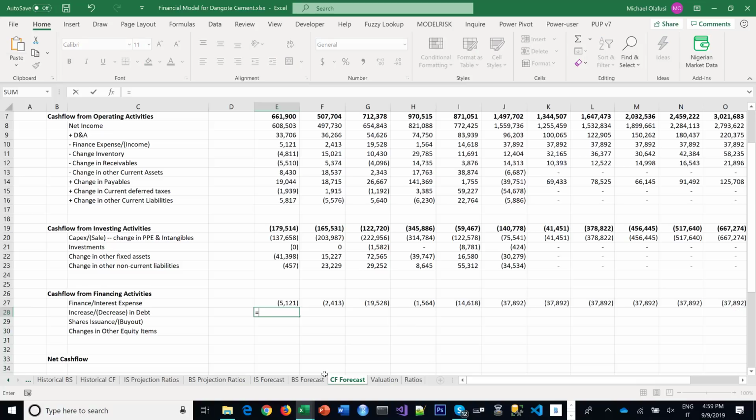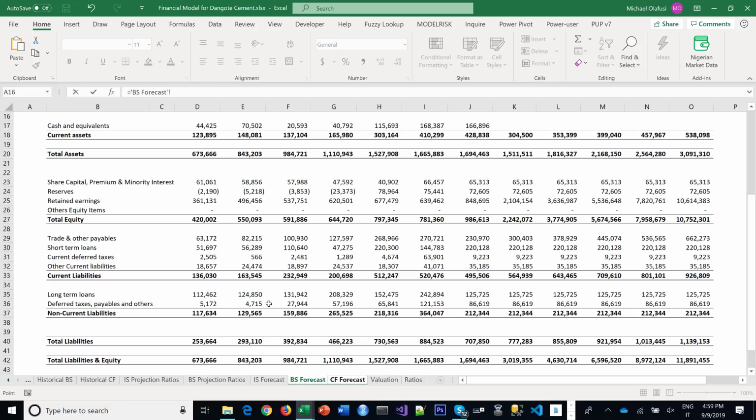So there are two debts, short term and long term, so I'm going to do both of them. This minus this plus this minus this.